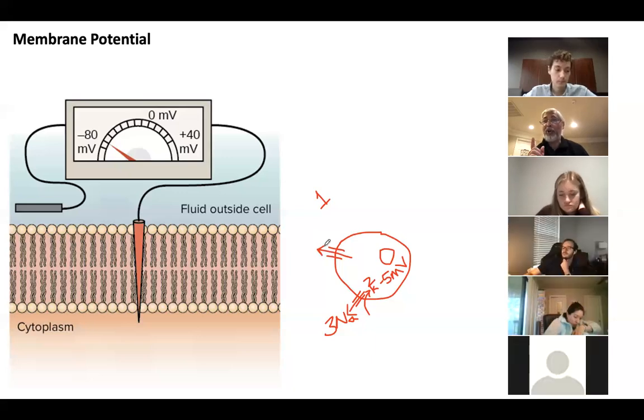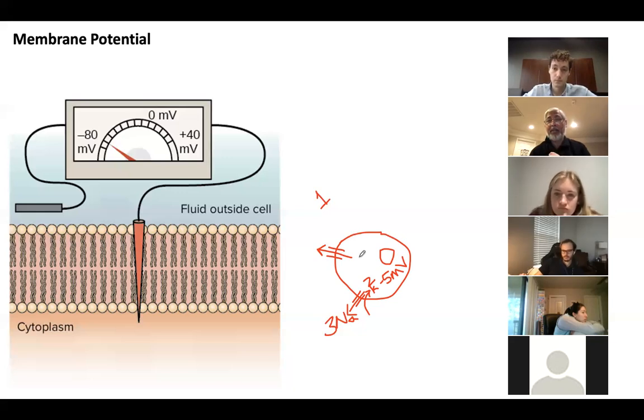Now, it is not only the concentration gradient that will determine how much potassium or sodium is going in and out. Another factor that will be important here is the electrical potential. Now, forget about concentration. If it is only dependent on electrical potential, which way should potassium move? You see, my inside is negative.